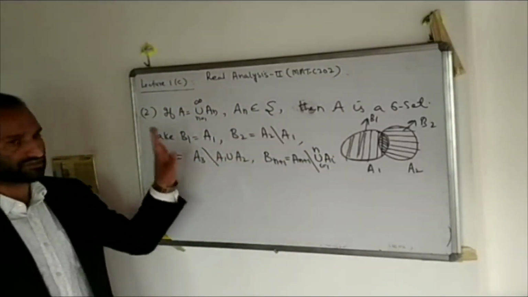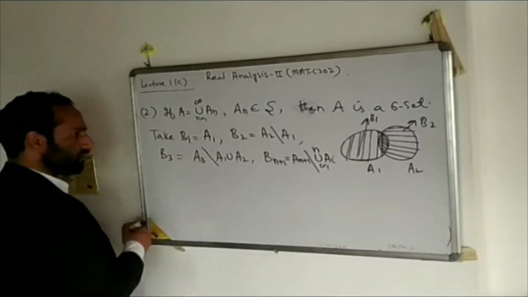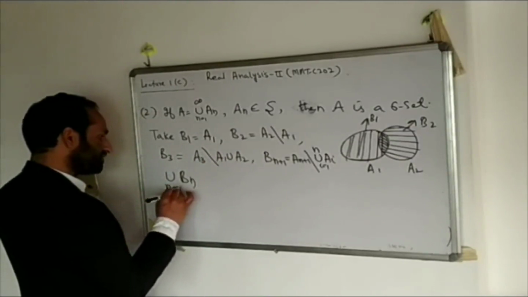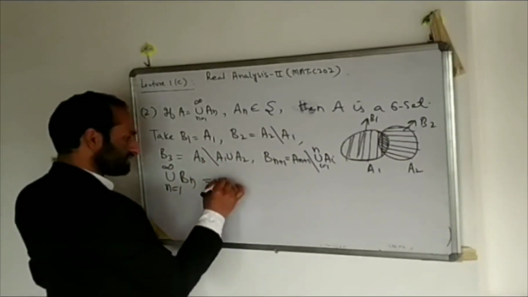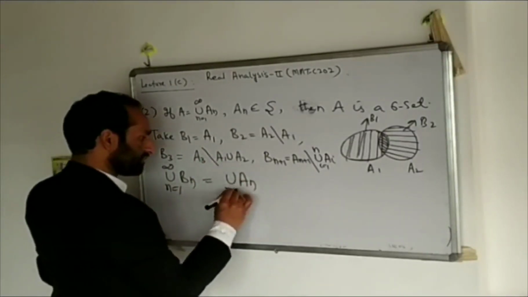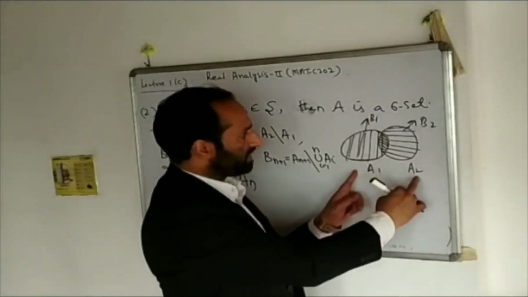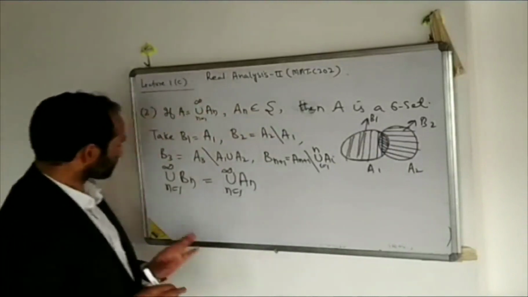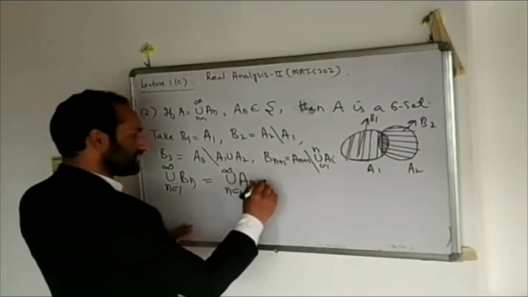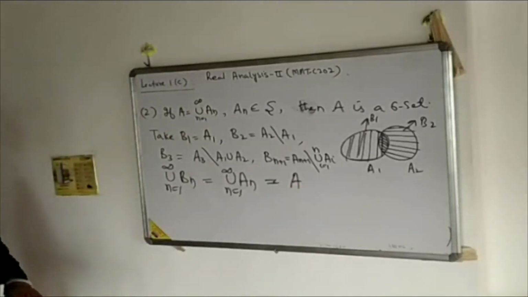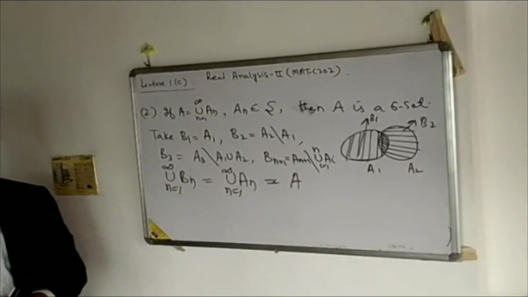These Bn's are pairwise disjoint, and one thing more: the union of Bn, n runs from 1 to infinity, is the same as the union of An, n runs from 1 to infinity. As in the case of n equal to 2, here A1 union A2 is the same as B1 union B2. So this union is the same and this is equal to A. So thus A can be written as a disjoint union of sets, since the Bn are disjoint.